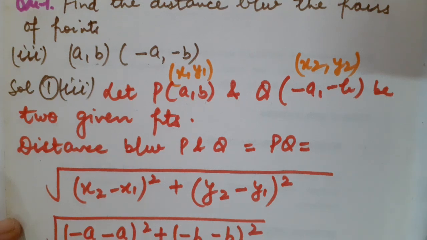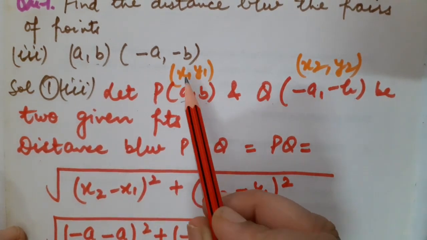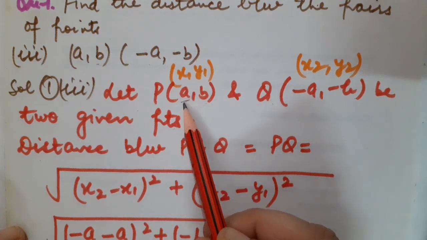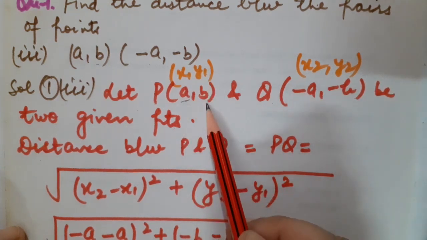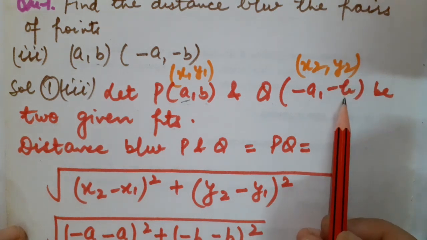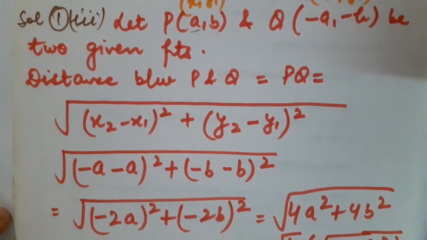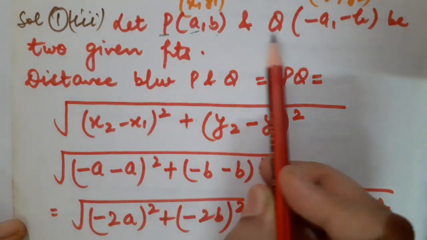So definitely we will have to give the name to the coordinates like this also. So here I am just going to assume that x1 is equal to a, y1 is equal to b, x2 is equal to minus a, y2 is equal to minus b.